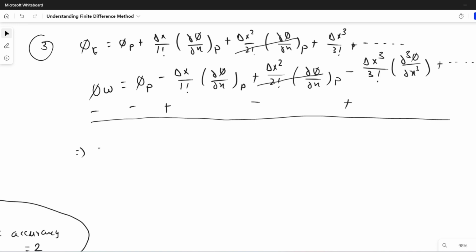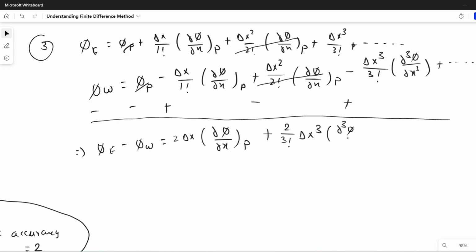We will get phi e minus phi w equal to, phi p will cancel out, 2 delta x multiplied by dou phi upon dou x at point P plus 2 upon 3 factorial delta x cube into dou cube phi upon dou x cube, plus what we call higher order terms.